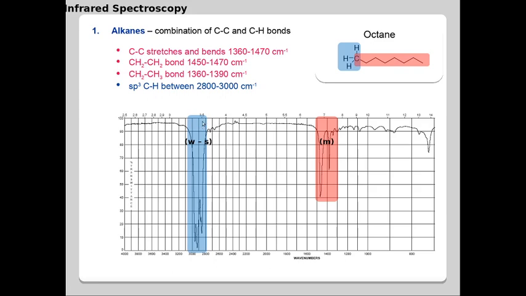That means the carbon-hydrogen bonds of the methyl system show up vibrations between the region of 2800 to 3000 centimeter inverse, whereas the carbon-carbon stretching frequency and its bending frequency usually appear between 1360 to 1470 centimeter inverse, which comes around this region. These are really weak peaks.